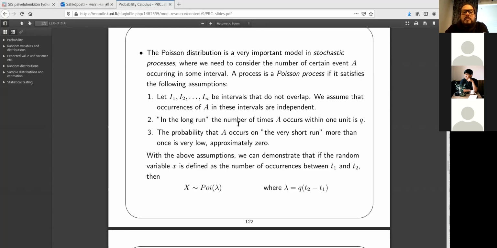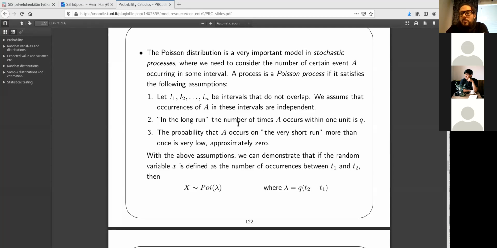The idea here is that in the long run, the number of times that A occurs within 1 unit of measurement, and we don't know what measurement, could be time, but it could be a distance as well.